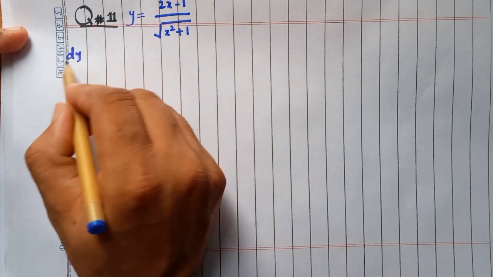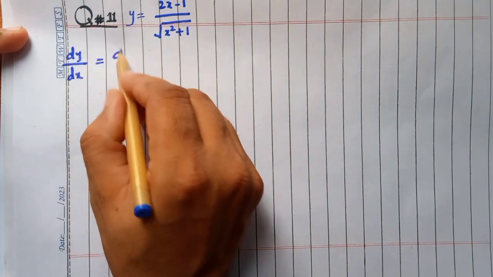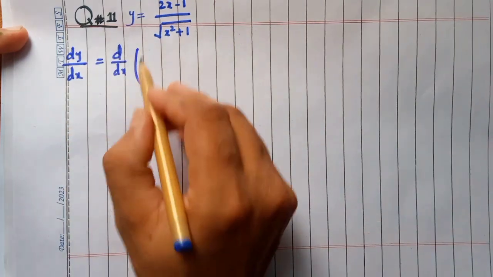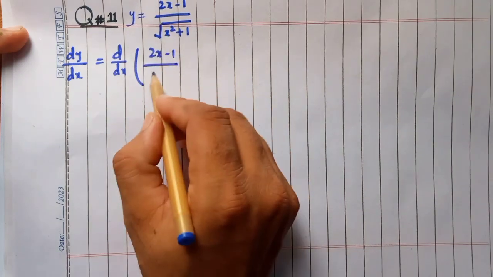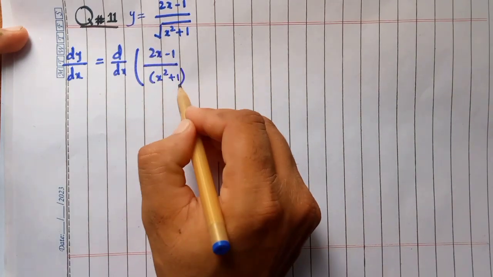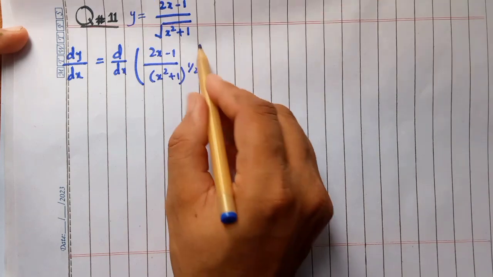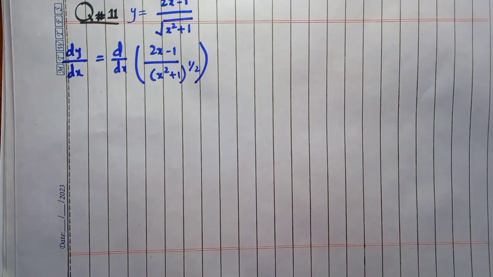So we will take the derivative with respect to x, dy over dx, and d over dx of 2x minus 1, and this will be equal to x square plus 1 power 1 over 2. So here we will apply the quotient rule.